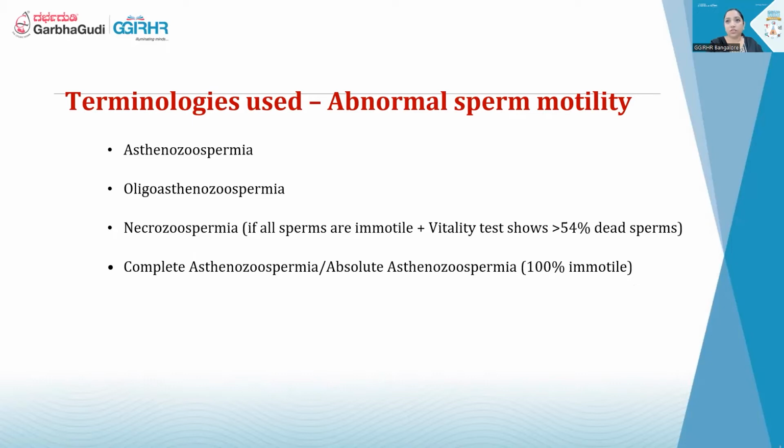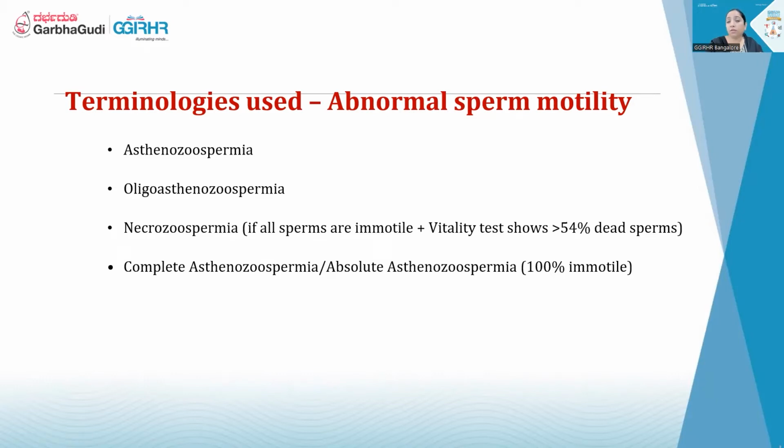So astheno is a general term for low motility. Even though the total motility is more and the progressive is less, it is still termed as astheno. Either both categories should be less, that is 42 and 30, and that will be termed as astheno. Oligoastheno is low count as well as low motility, a combination of both parameters.